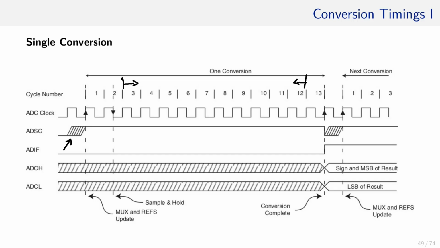After the conversion is complete, the ADSC bit is reset right here, and it can be set again to start the next conversion. At the same time, as soon as the result is available, the ADIF bit comes up.